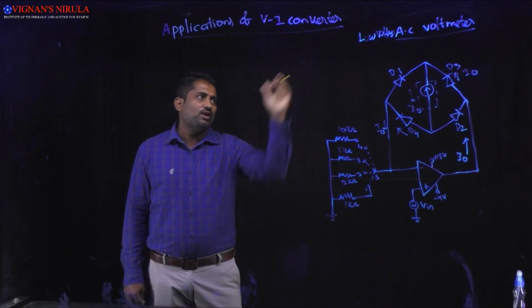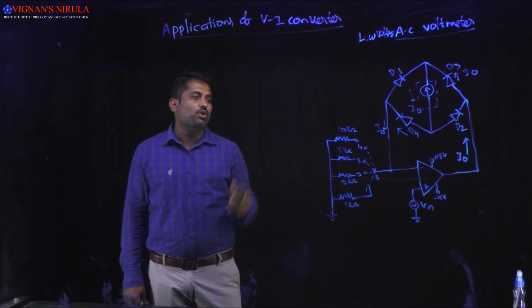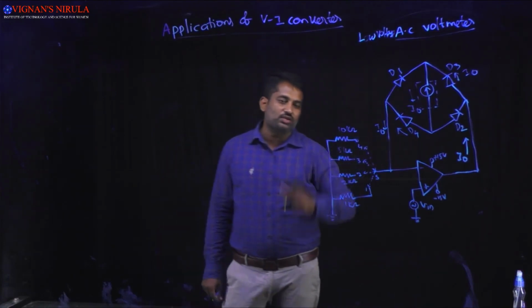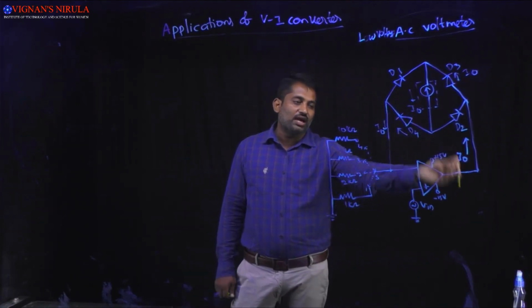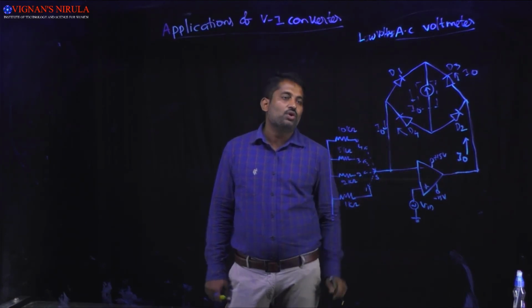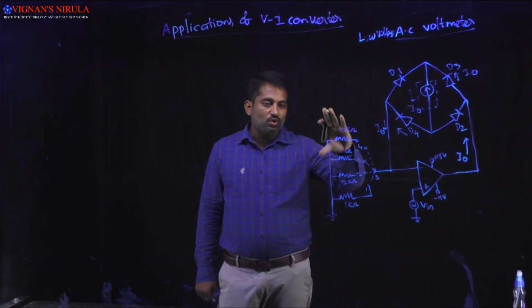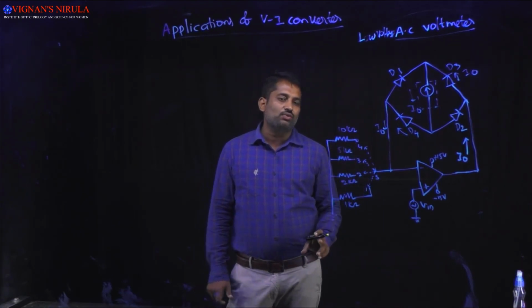That's it for the low voltage AC voltmeter. By using this circuit, we can calculate the voltage. So alternating current I naught will be converted to voltage in this case.